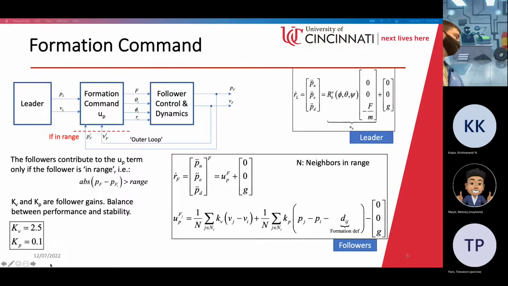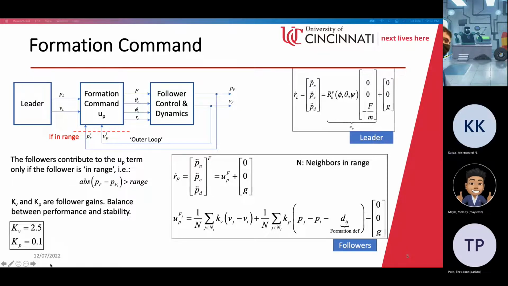All right, so here's the diagram of how we did it. This follower control and dynamics block is what you're used to from all our homework, and what we implemented was the framework around this. We call this the outer loop and the leader quad dynamics trajectory, because that would be the inner loop, and it's hidden in here.